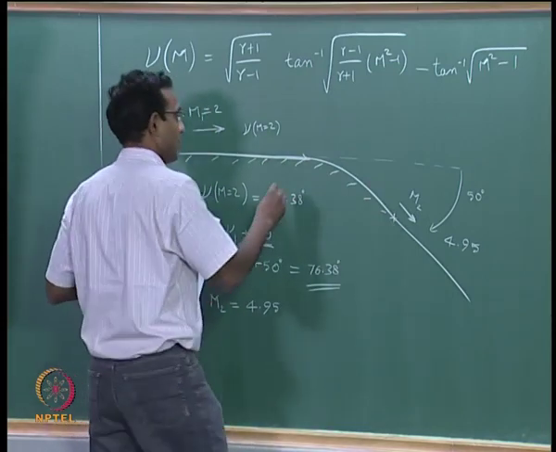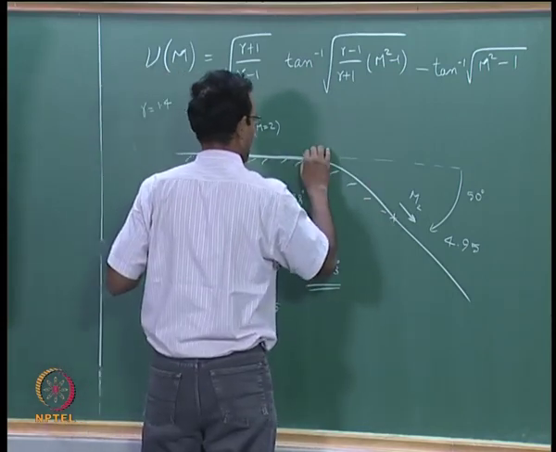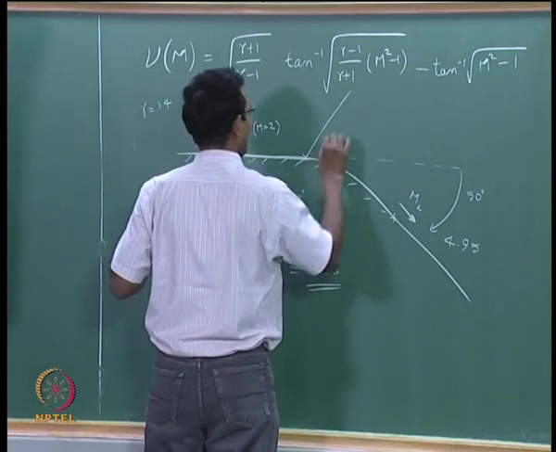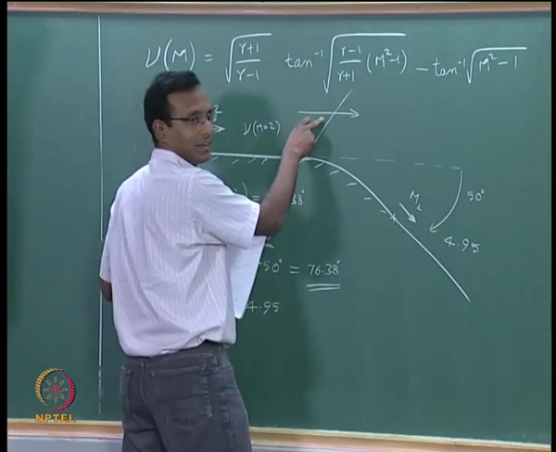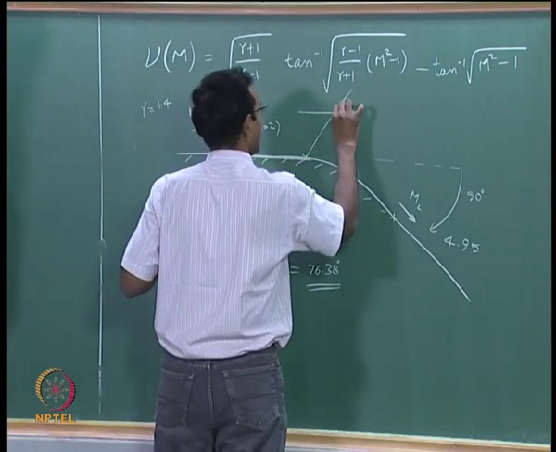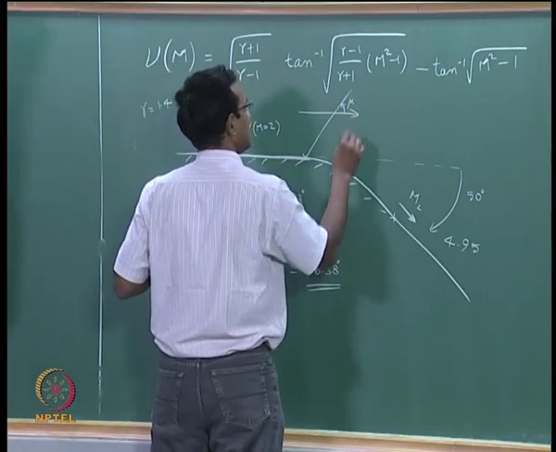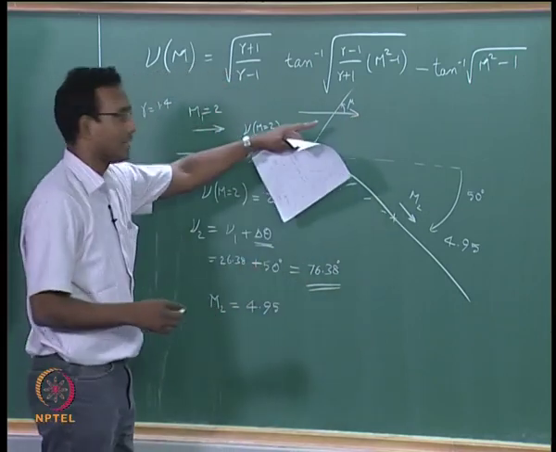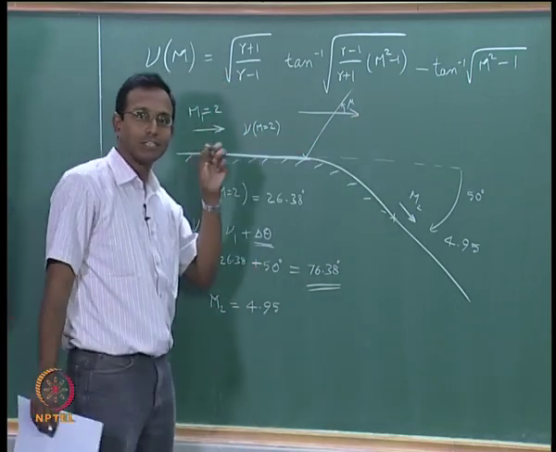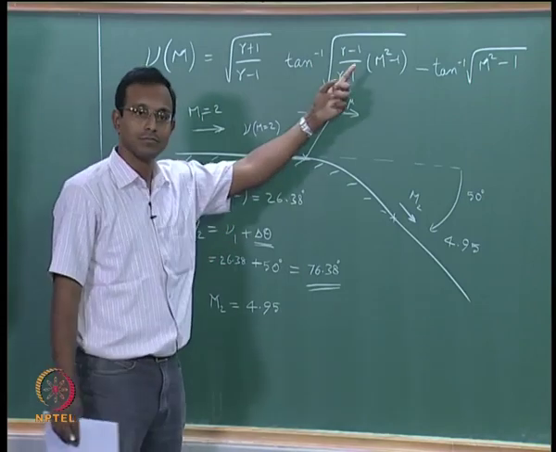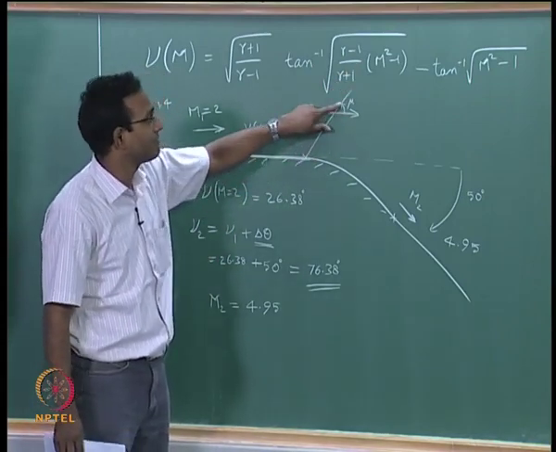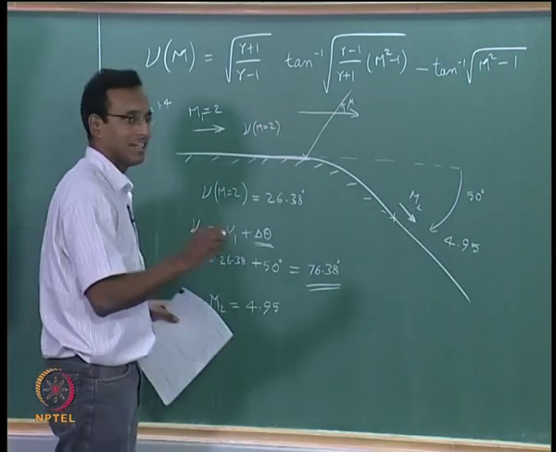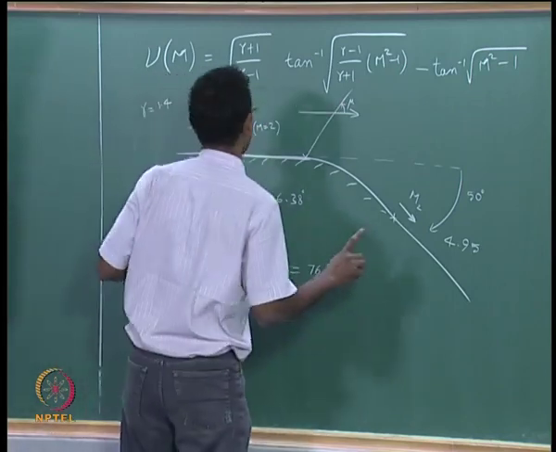Now I have to say that the very first wave will be at an angle with respect to that local streamline direction such that this will be equal to mu locally. Why? The expansion fan, each individual wave travels at the speed of sound locally. So with respect to that local velocity vector, it is going to have that mu value. Remember that it is always local velocity vector, local Mach number.